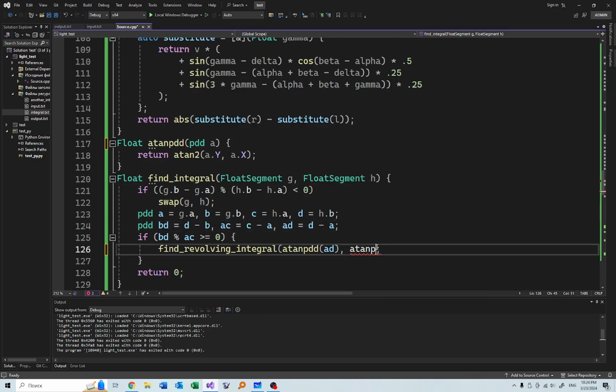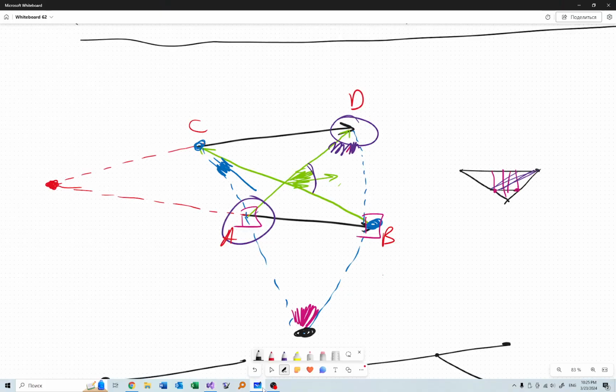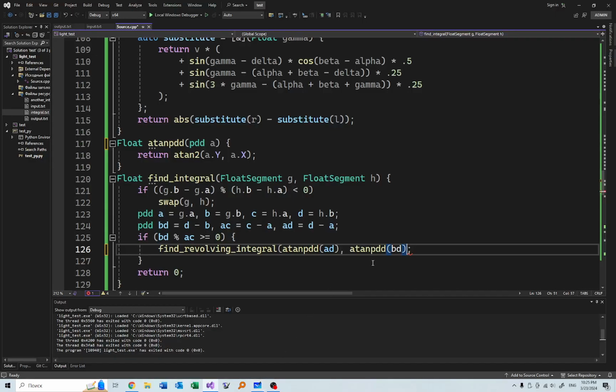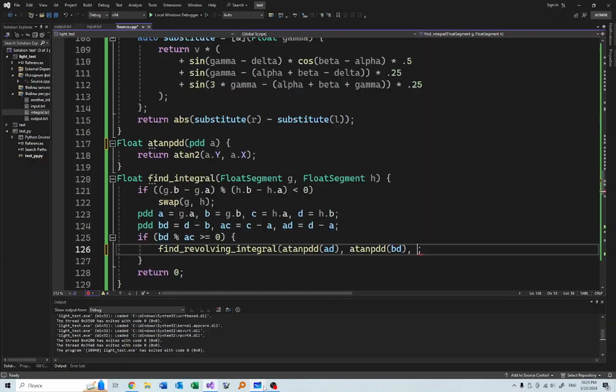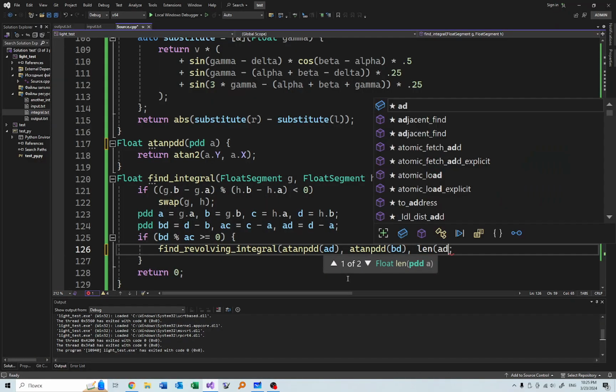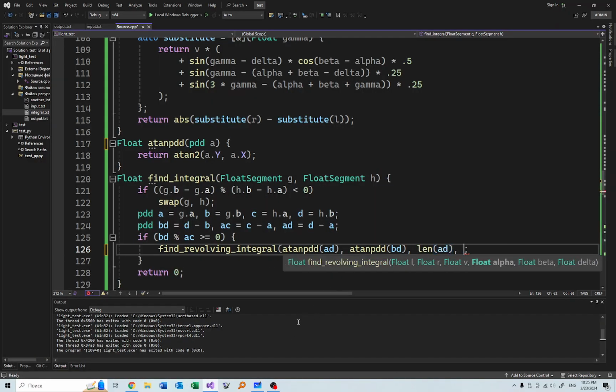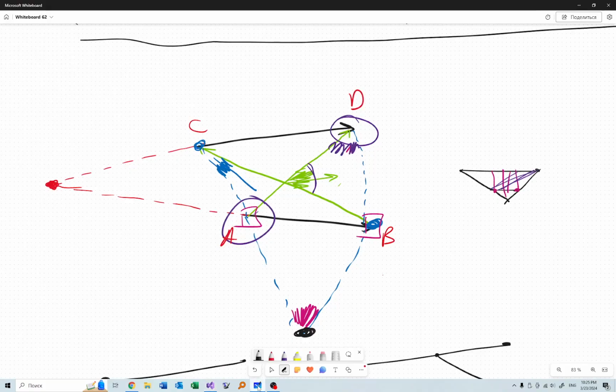Yes, actually. Yes, that's what we need. Okay, then we need V. V is the length of the vector AD. And then we need alpha, beta, and delta.